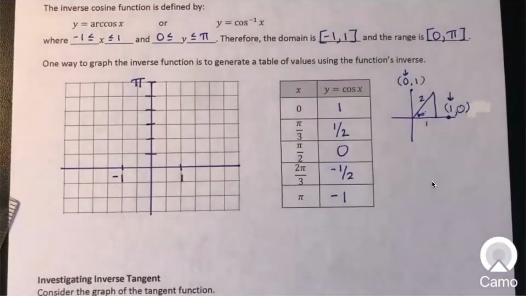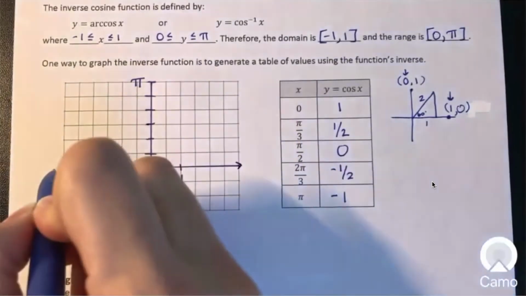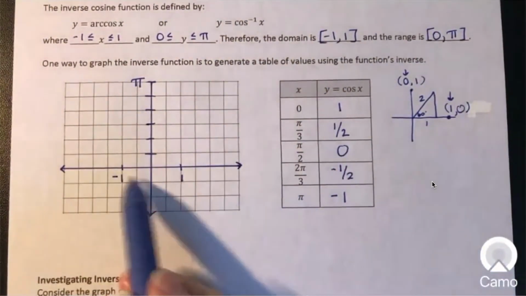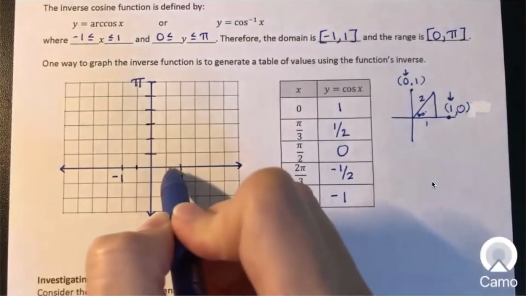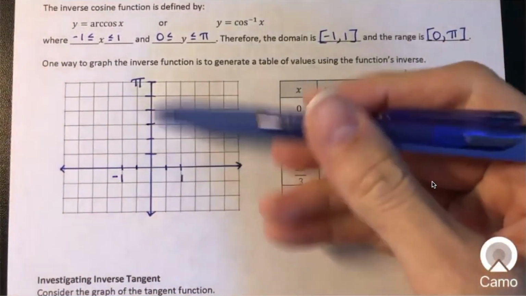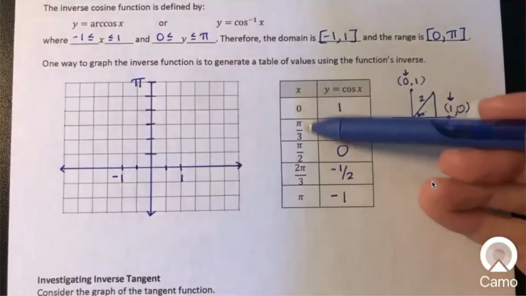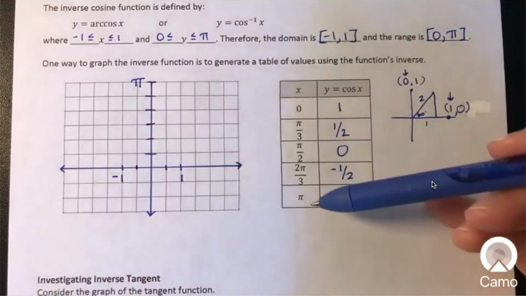So now we'll graph our inverse cosine. I have our x-axis labeled between -1 and +1. We have these halfway points. And on my y-axis, I have it increasing by pi over 6 so that we can include all of these different values.